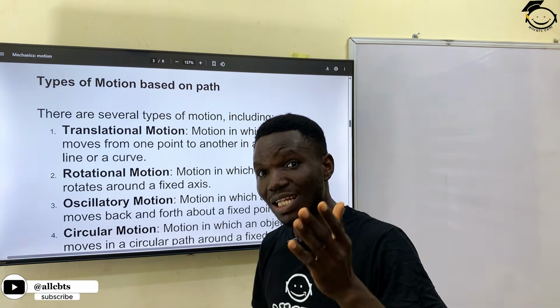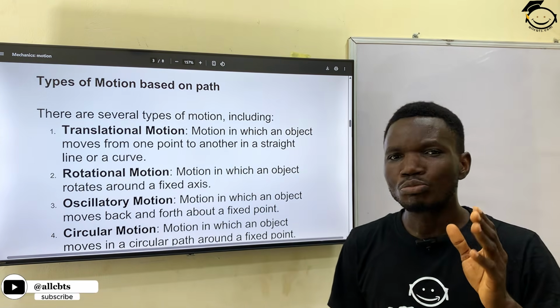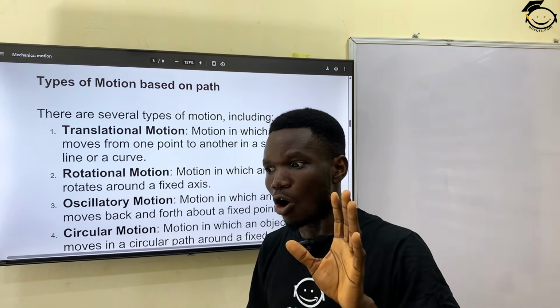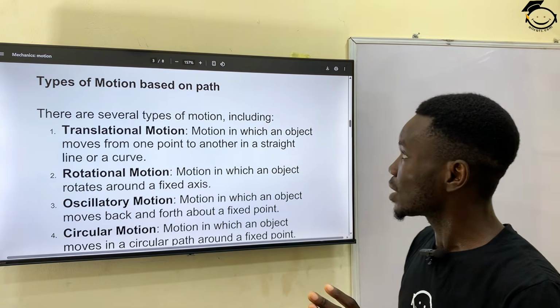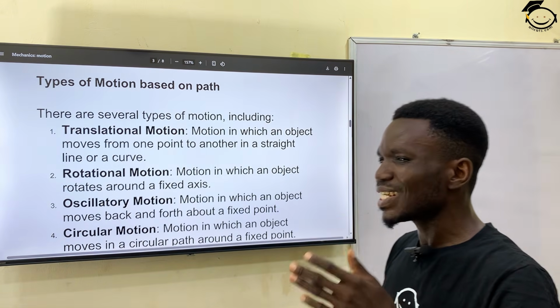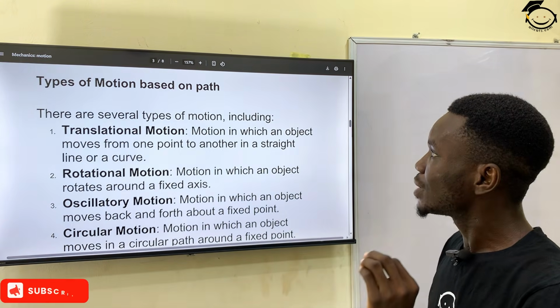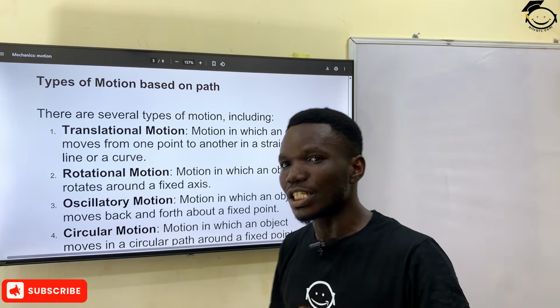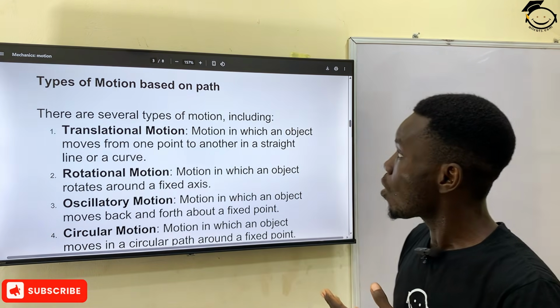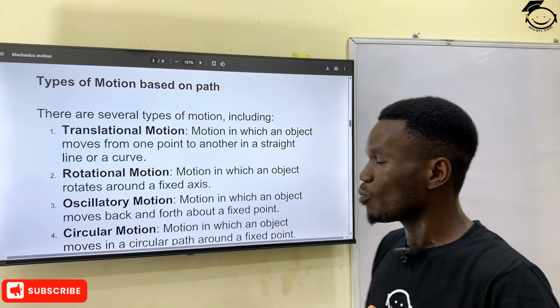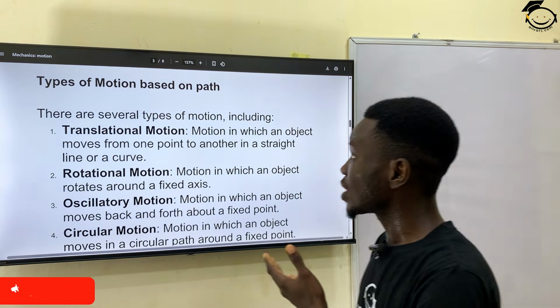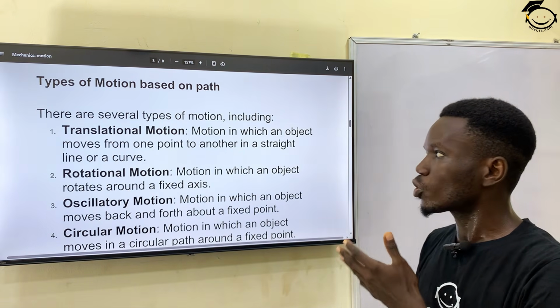Okay, what are the types of motion? I categorize motion into two broad types based on certain parameters. The first type of motion is based on path. Based on the path of an object, motion can be classified into four. The first one is translational motion.